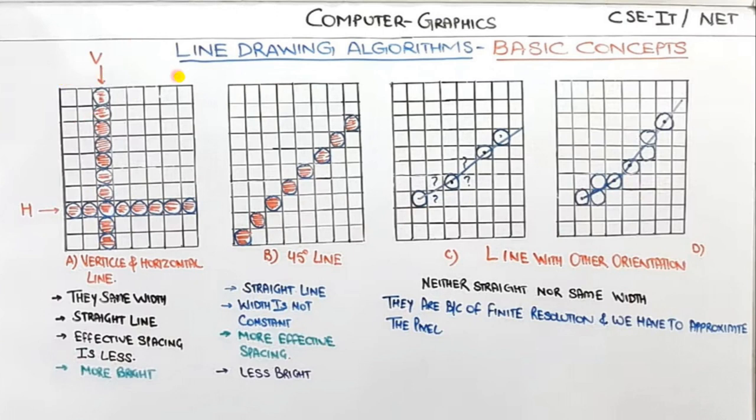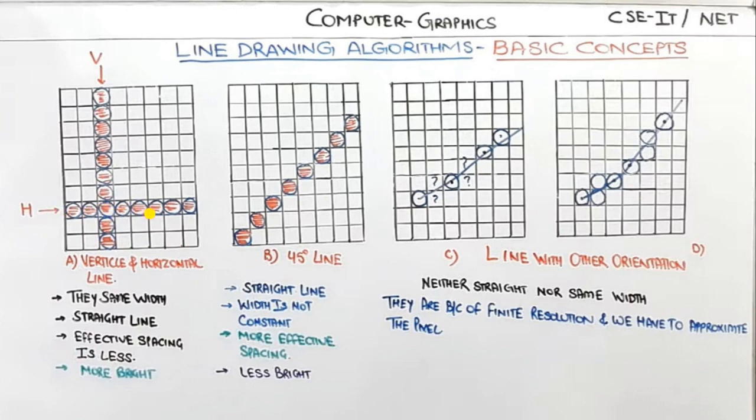This is the first screen of the raster scan display, meaning the phosphor screen. These are the pixels, and these are also pixels. This is the screen, and these are all the grids, meaning rows into columns. So these are all the pixels.